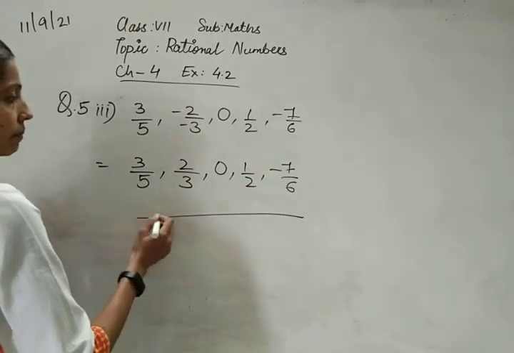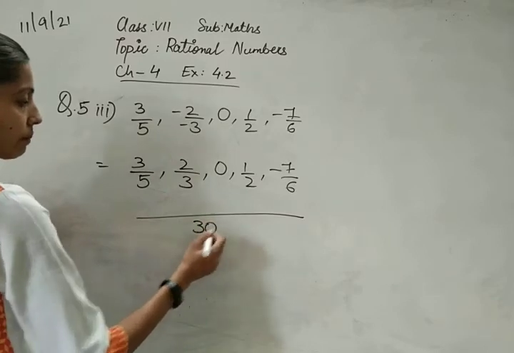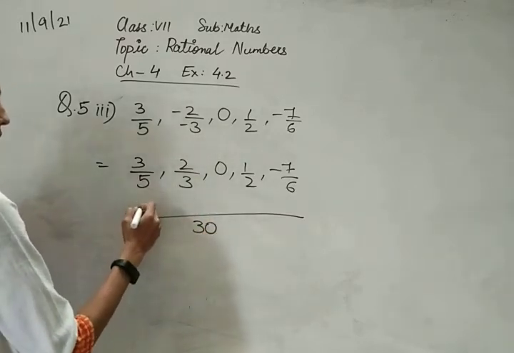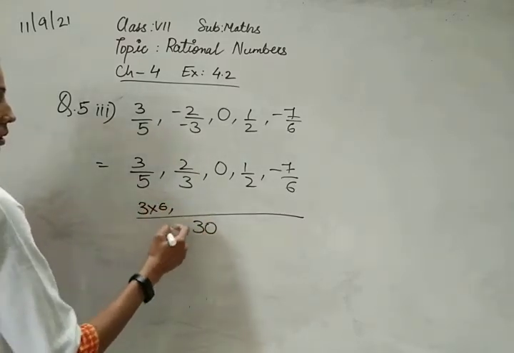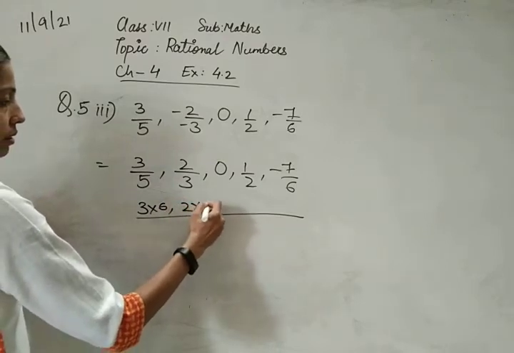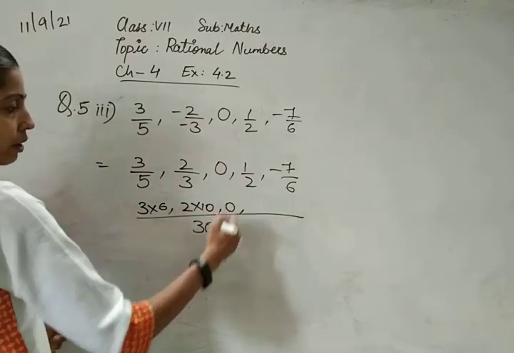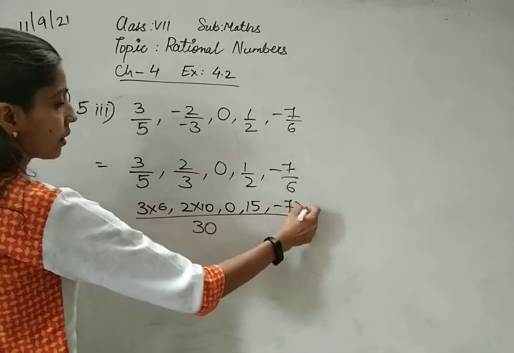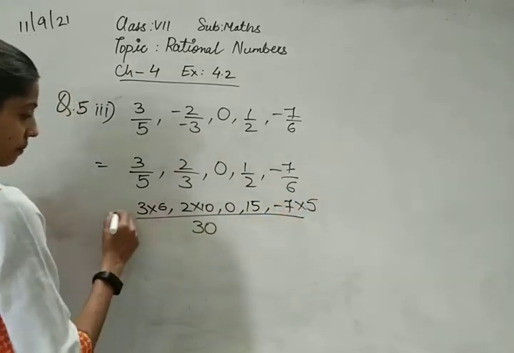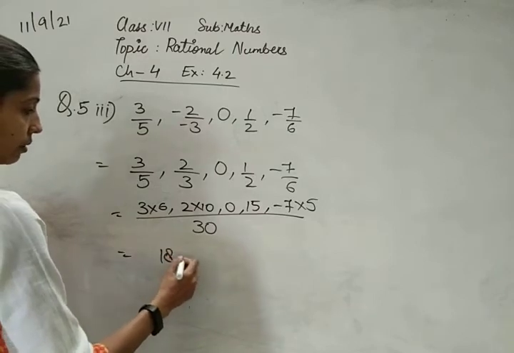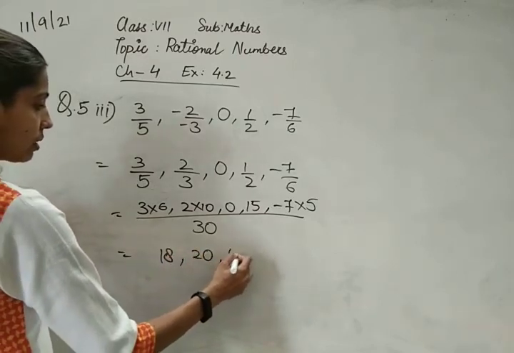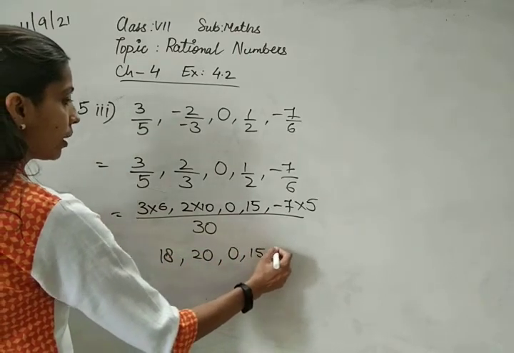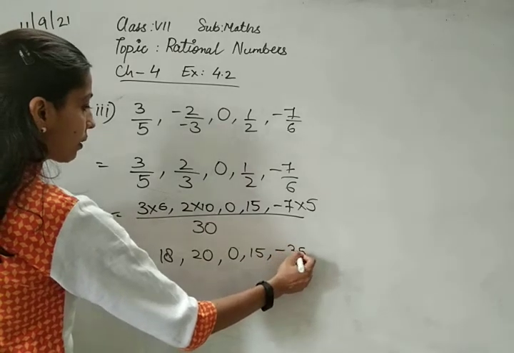Take the LCM, LCM will be 30. 3 10s are 30, 0, 2 15s, 6 5s, 18, 20, 0, 15, minus 35.